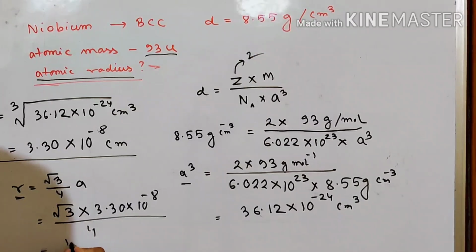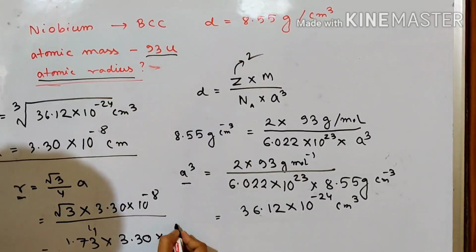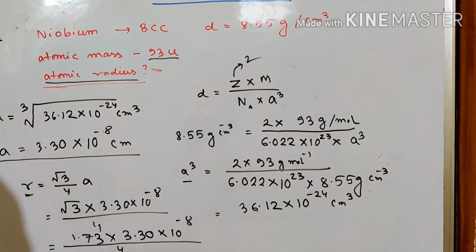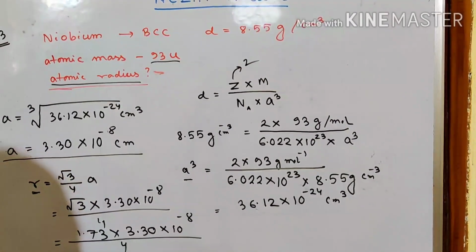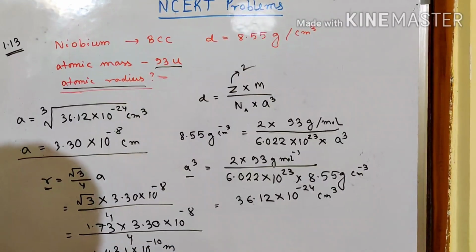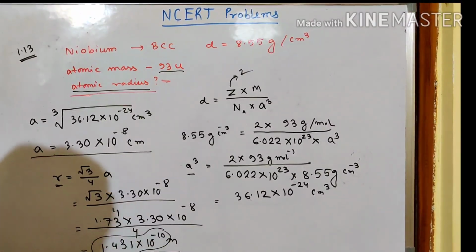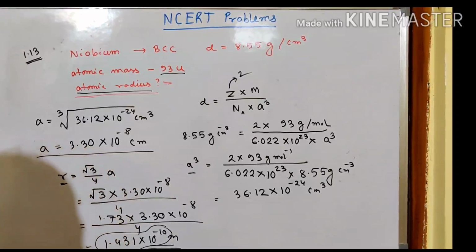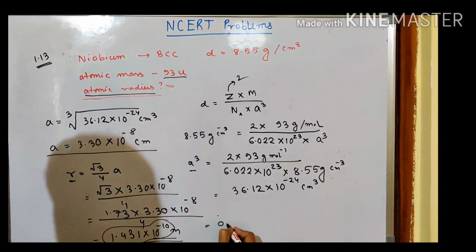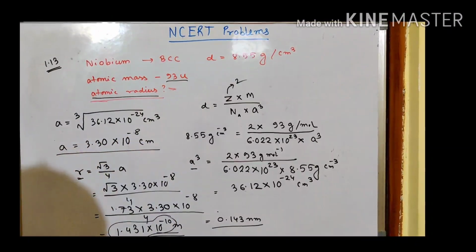So you can calculate 1.73 into 3.30 into 10 to the power minus 8 divided by 4. After the calculation, we are getting 1.431 into 10 to the power minus 10 meter. I have previously calculated, so we are getting this much. 10 to the power minus 10 meter, that is the order. So we can directly write it is 0.143 nanometer. That is the answer.